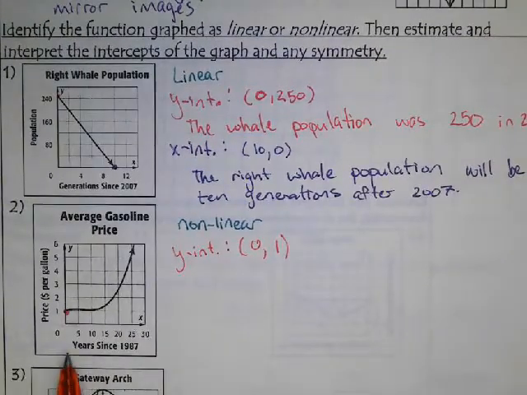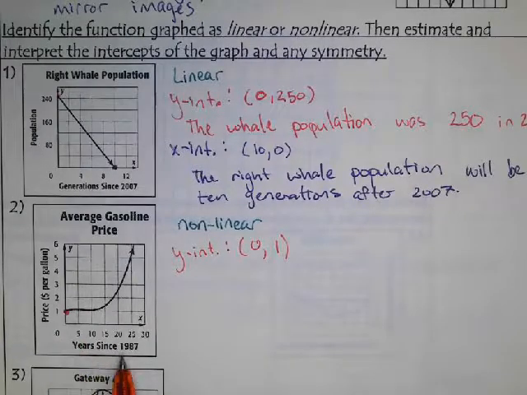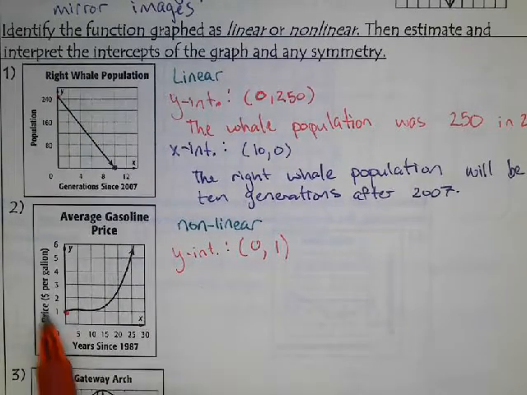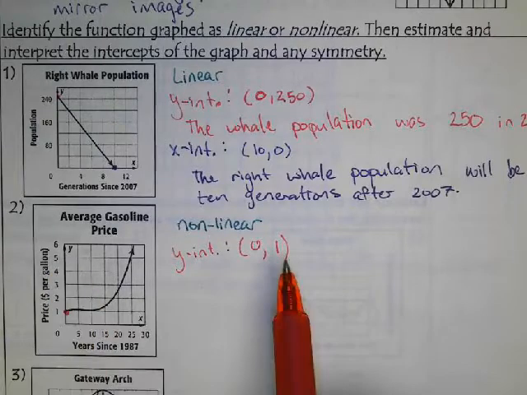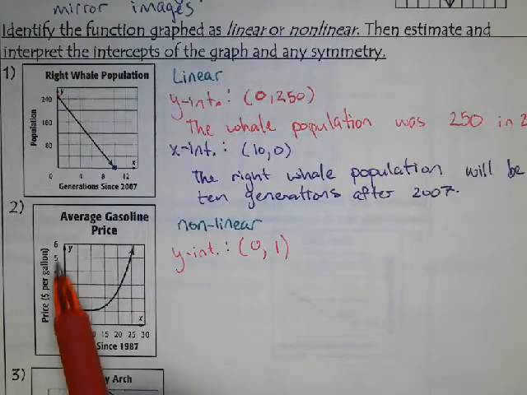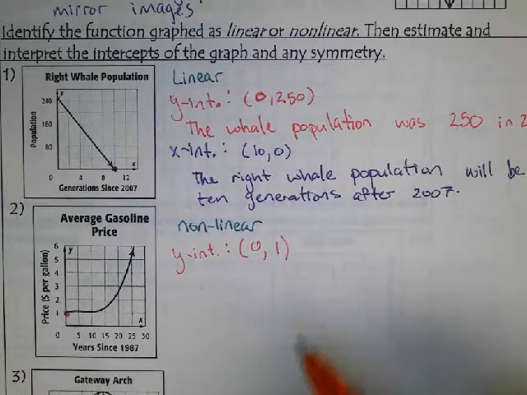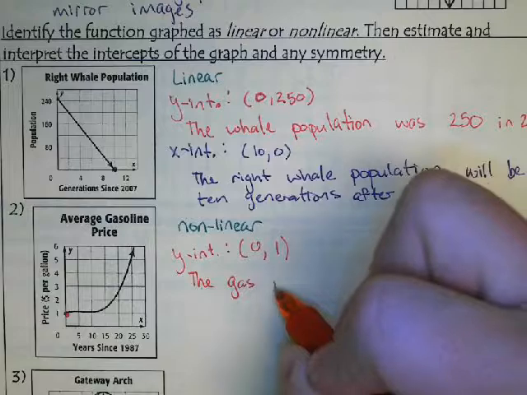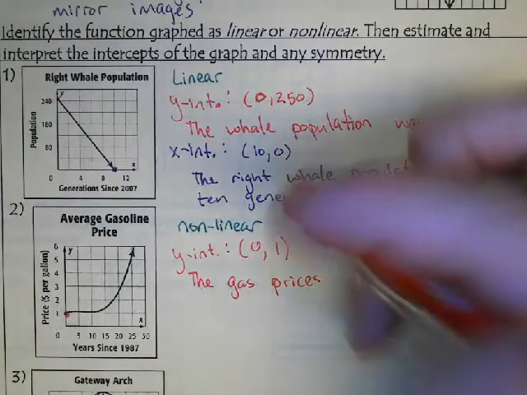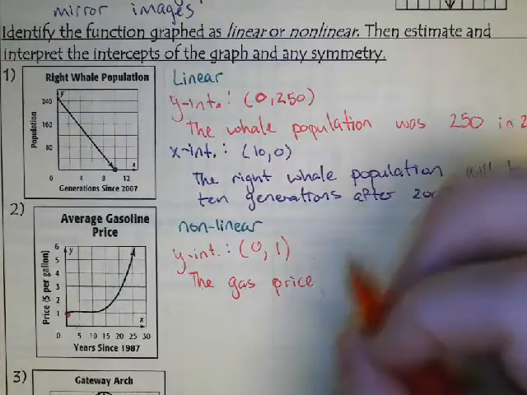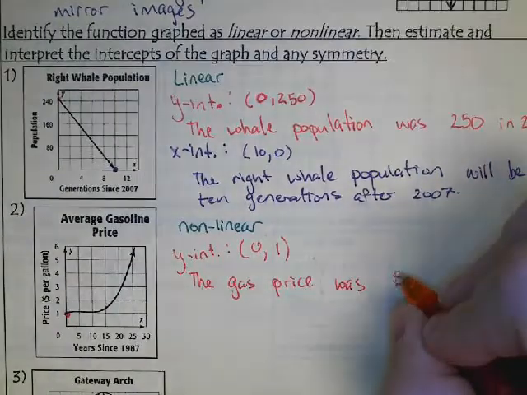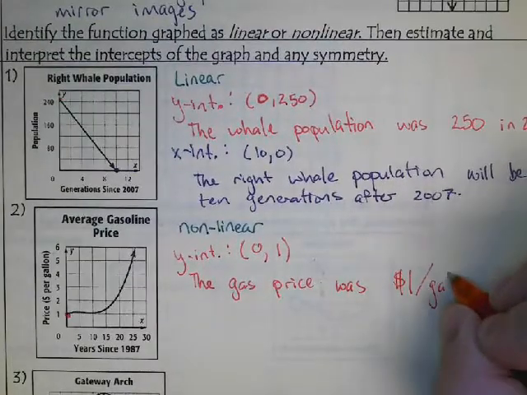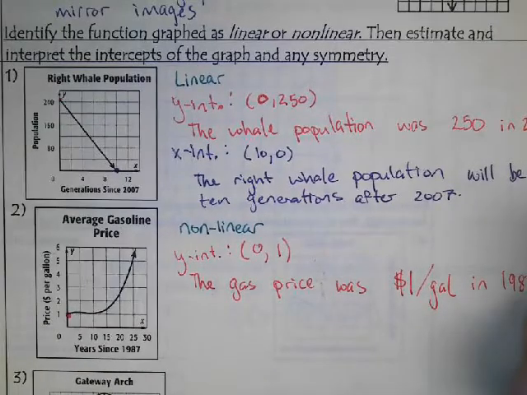And our x-axis represents years since 1987. So for 0 years since 1987, that means the year we're talking about is 1987. And the y-axis represents dollars per gallon. So 1 would be $1 per gallon for gas. So we can interpret this as the gas price was $1 per gallon in 1987.